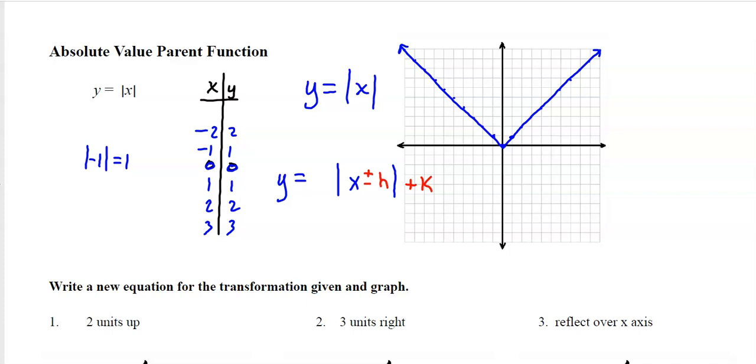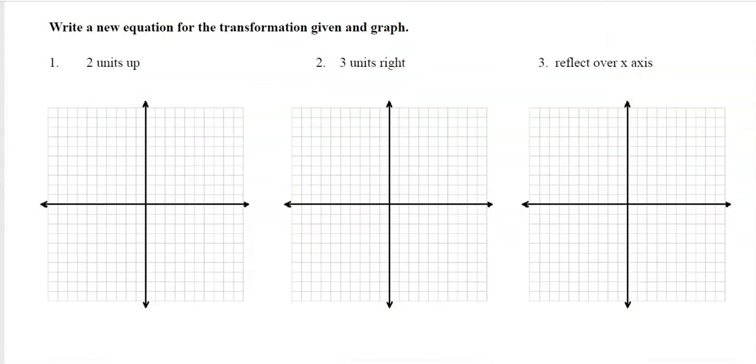And then we could have a number in the front, which they typically call a, and this number could stretch it vertically if it's greater than 1, like if I put a 2 there, or it could compress it or smash it down if that number is less than 1. And then we could also reflect it if we put a negative in front of there. So we'll get to all that, but I just want to show the different ways we can manipulate this function.